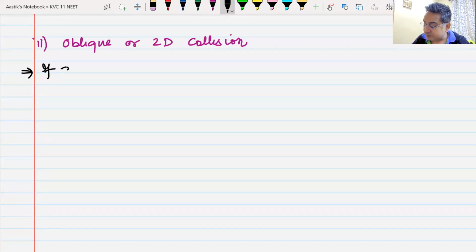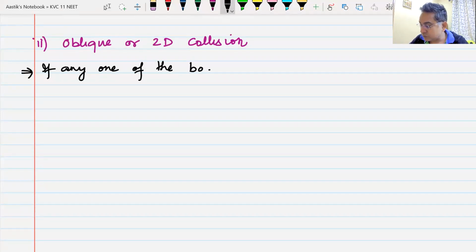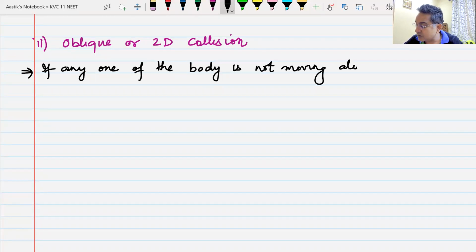If any one of the bodies is not moving along the line of impact, then the collision is known as a 2D collision or an oblique collision.